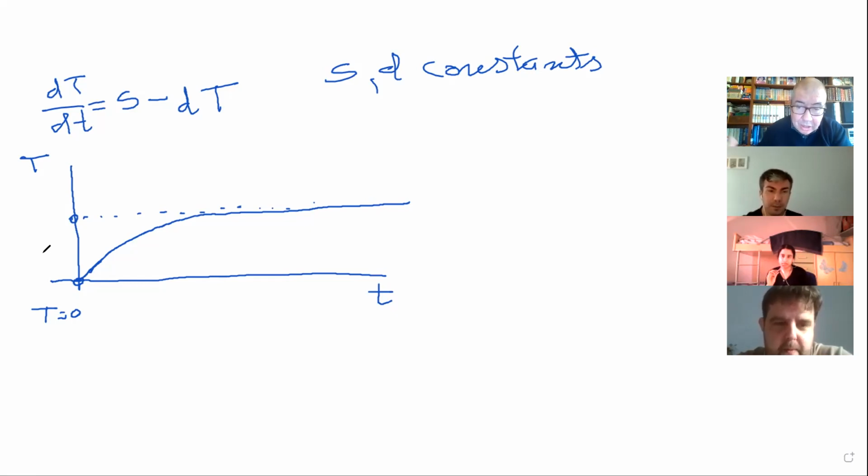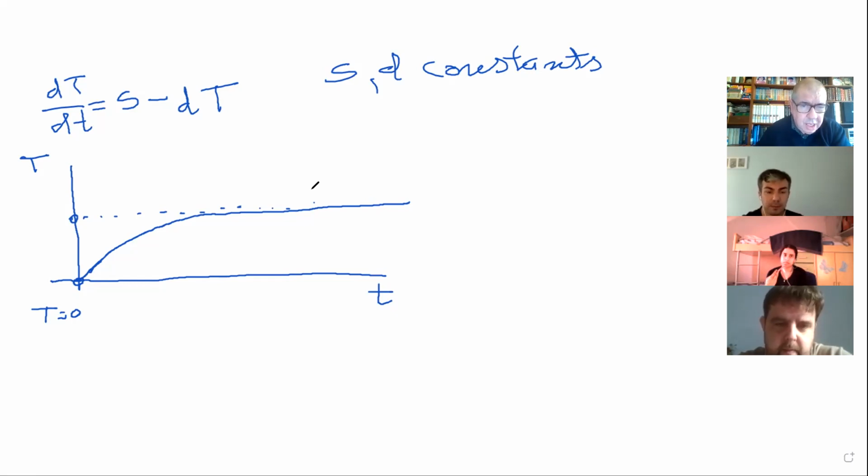And it's a rate of growth. Here the rate of growth is given by this. Actually, it's not constant because it varies with t. What is the value of t such that if you start there, you stay there? It does not change. S divided by d.